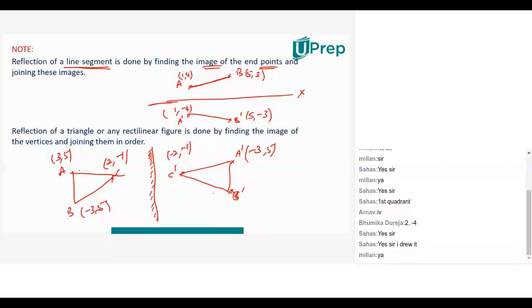You can type. What happened to Sahas? Okay, Milan. What will be B dash coordinates?